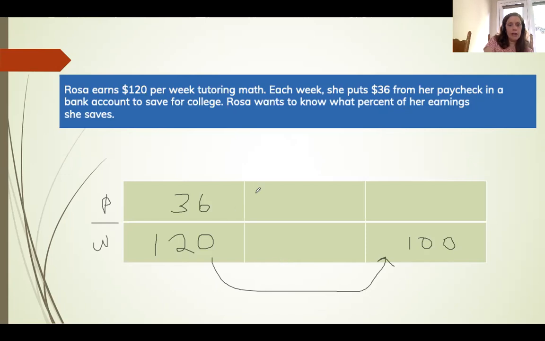So if I divide this in half, that'll be 18 over 60. If I divide that in half, I get 9 over 30.